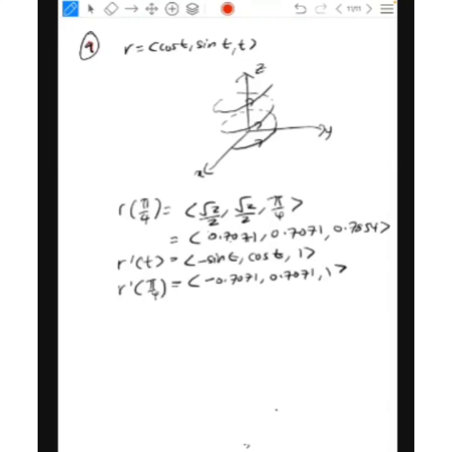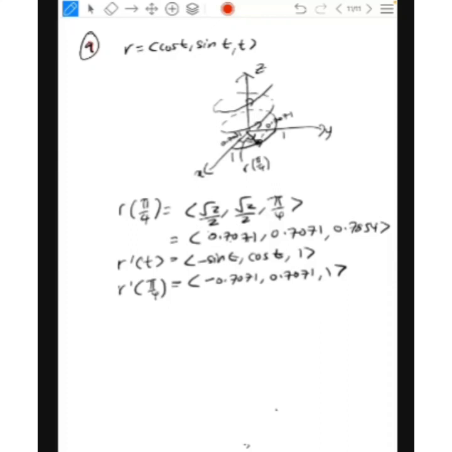Okay, so basically 0.7. So this should be 1, this should be 1. So it hasn't reached 1 yet. So somewhere here, let's say this is 0.7071, and this is also 0.7071, and then it has gone up a little bit. This is X. So this is your R of pi over 4.